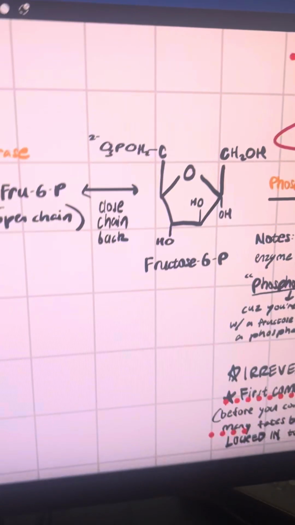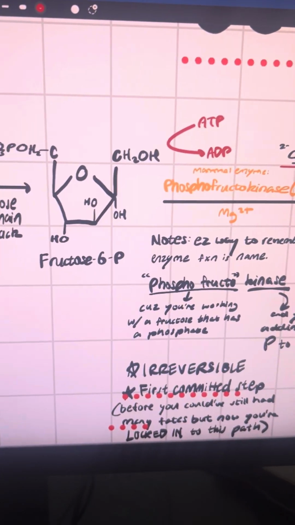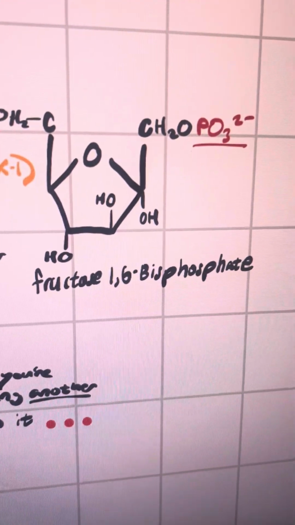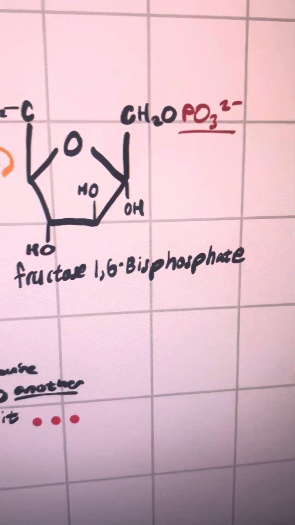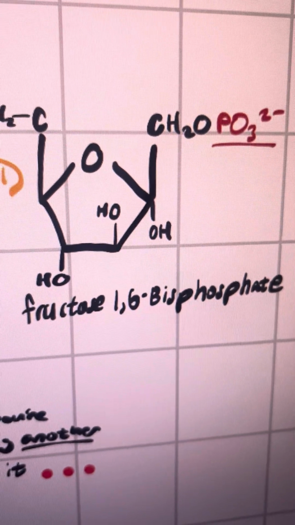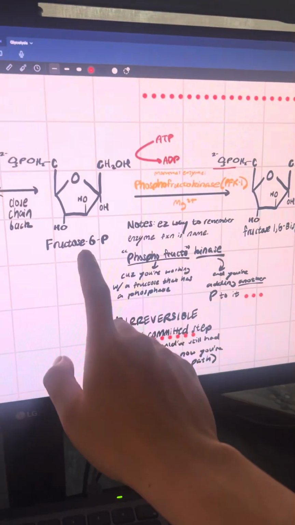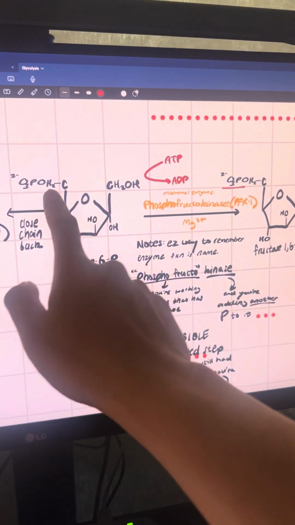All right, let's keep going. So once you have fructose 6-phosphate, you're gonna wanna form fructose 1,6-bisphosphate. So what do you think that means? From fructose 6-phosphate to fructose 1,6-bisphosphate. What's the difference? This one just has 1 phosphate on the 6-carbon.